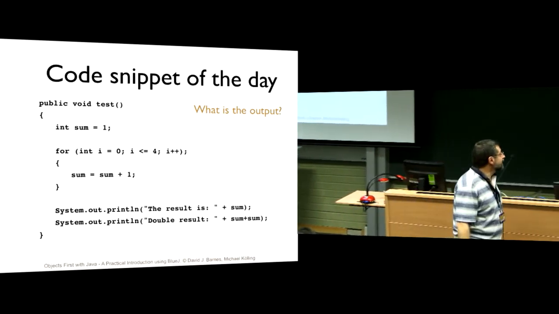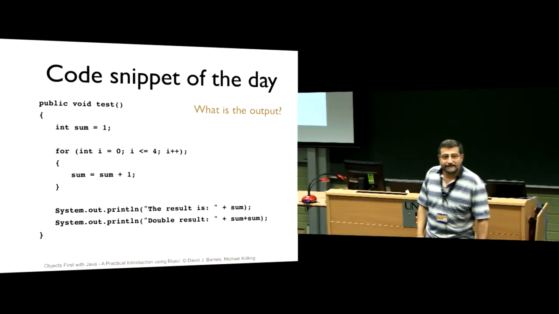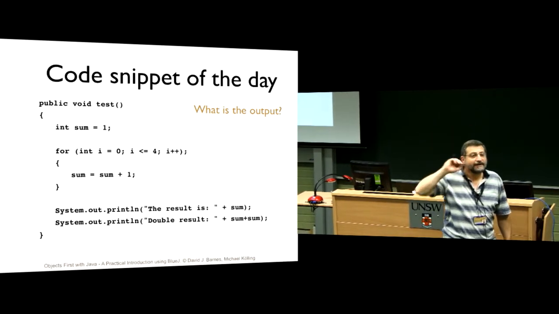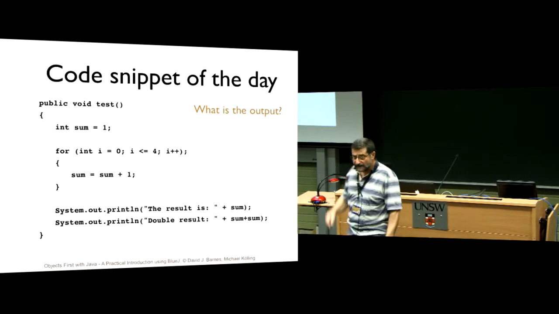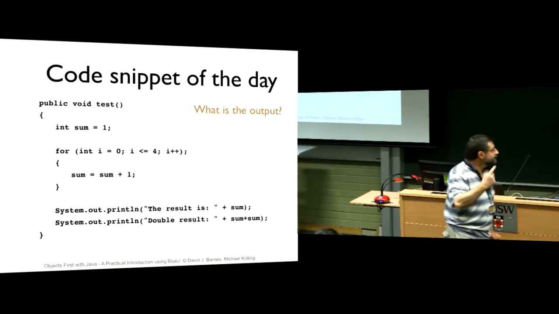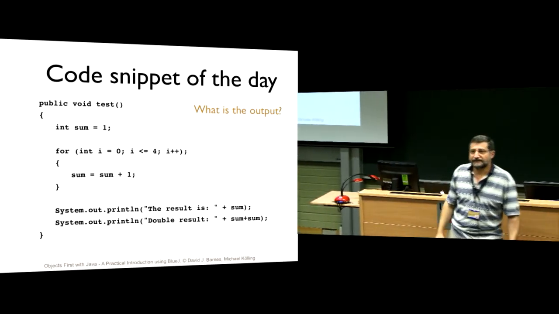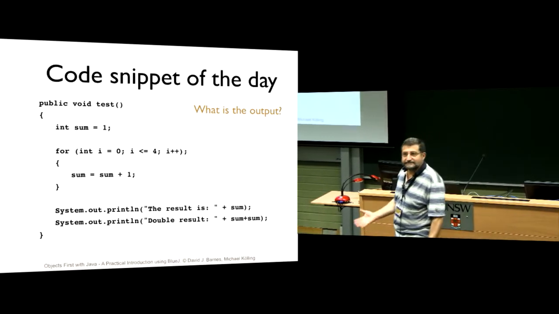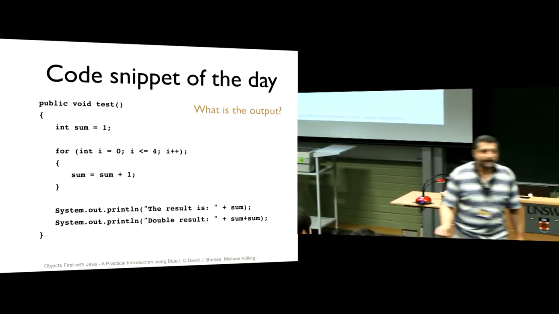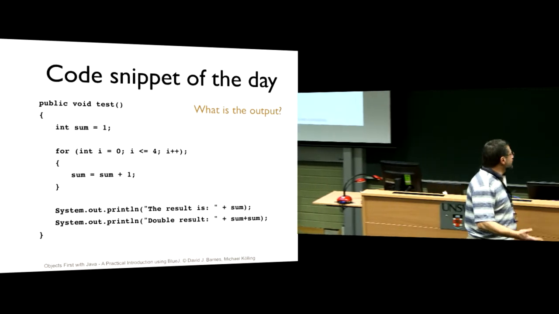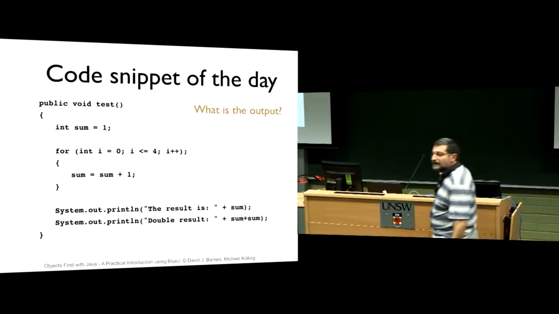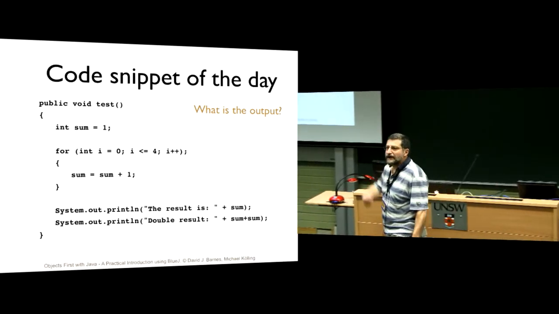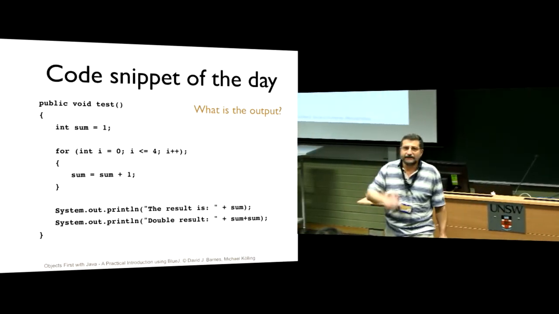Okay, so this is inside a loop. Yep. It's supposed to just count up 0 to 4, adding 1 to sum, right? Is that clear? So all it should do is start with sum equal to 1, loop around 5 times, adding 1 to sum.